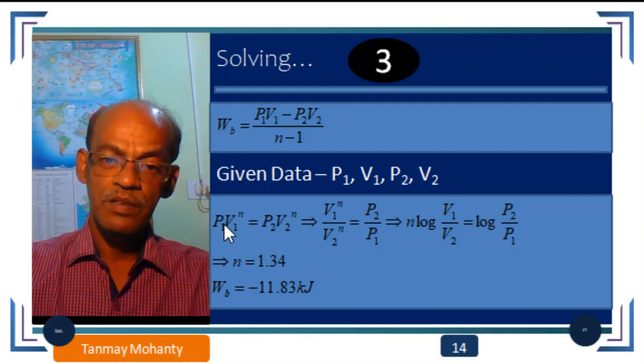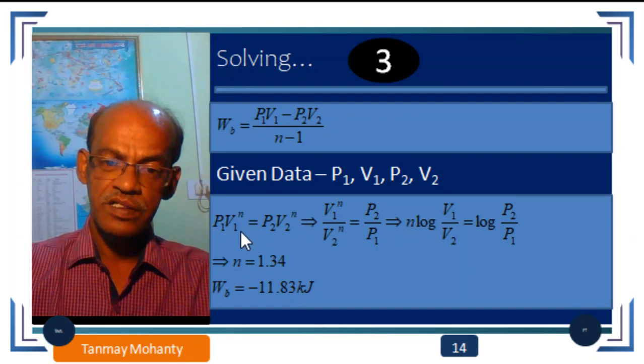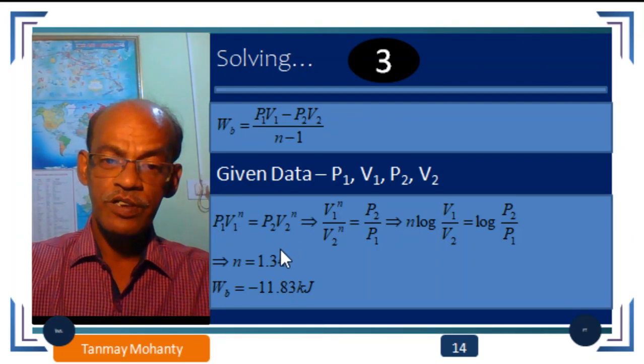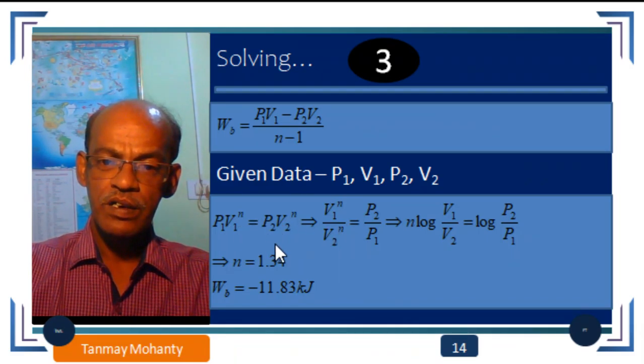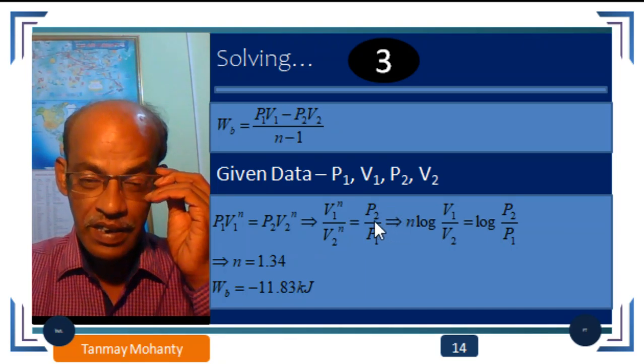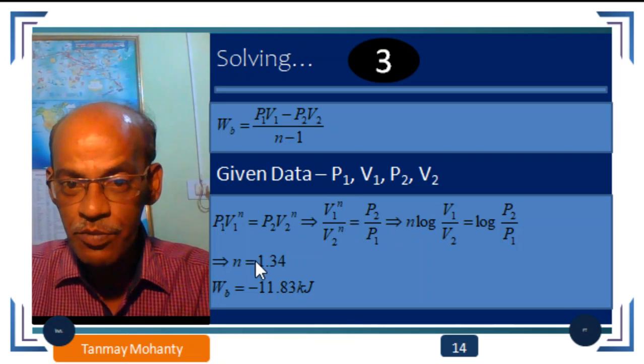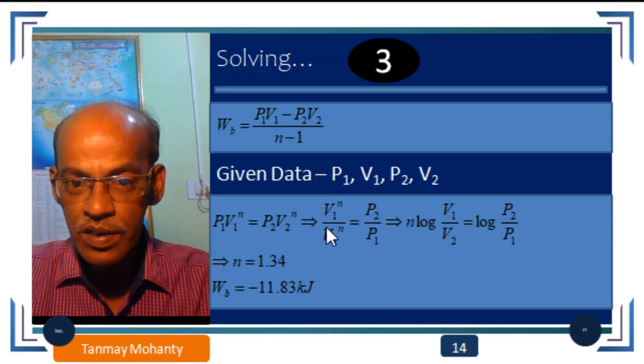Let us see. P1 V1 to the power n equal to P2 V2 to the power n. From here I can write V1 to the power n by V2 to the power n equal to P2 by P1. This is the equation. Now if I take logarithm of both the sides, what is this?